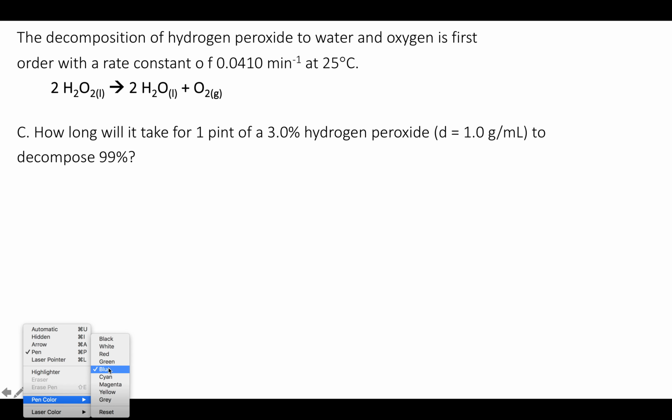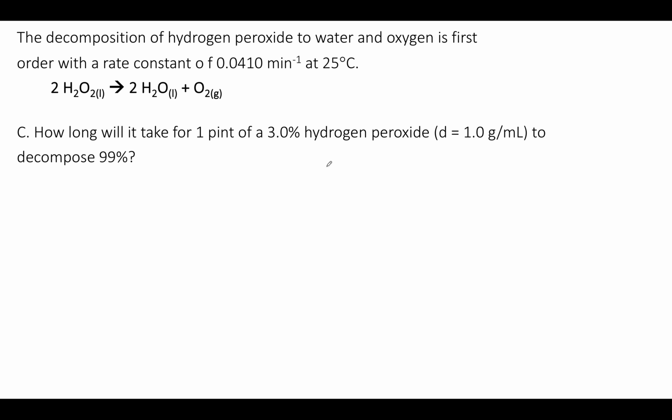Now that's helpful because we can use the second form of the integrated rate law equation. And that was, if you remember, the natural log of the initial concentration over the final concentration at the time, and that equals kt. And here we're solving for t.